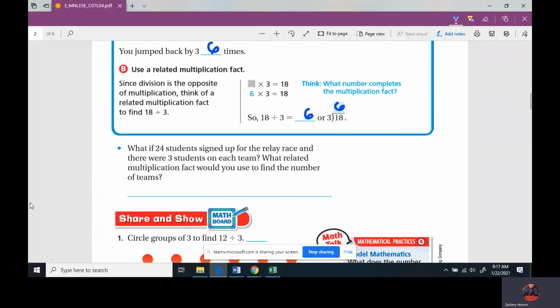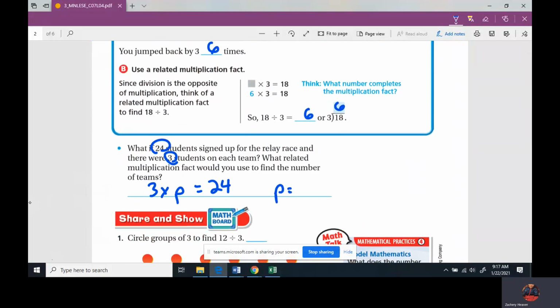Now it says, what if 24 students signed up for the relay race and there were 3 students on each team? What related multiplication facts would you use to find it? So check this out. We know we have 3 students on a team, and we know that there's 24 people total. So I'm going to put P right here. Let's do P. What is P going to equal? 3 times what makes 24? 8. So how many teams are you going to have now?